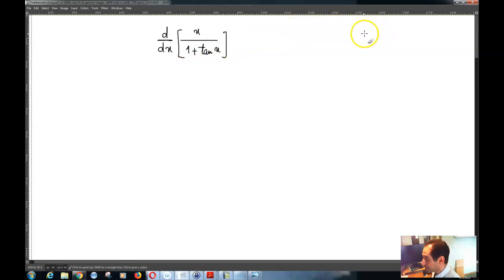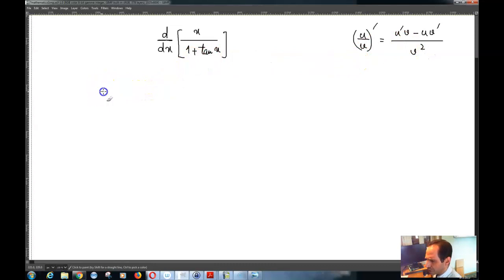So you can write this as, again, u divided by v whole prime is equal to u prime times v minus u v prime over v squared.